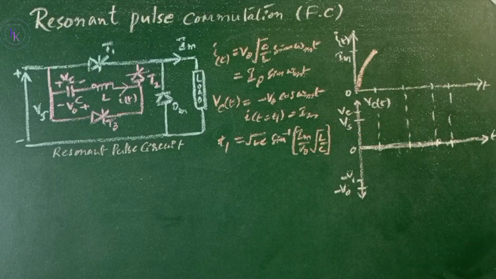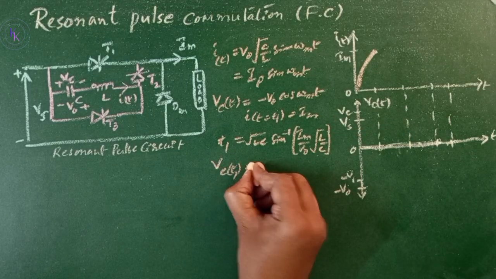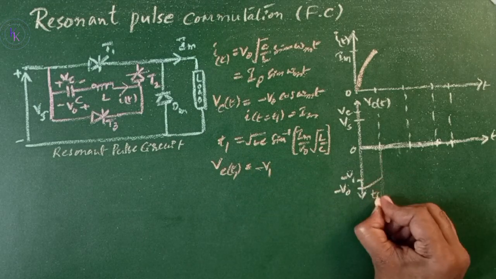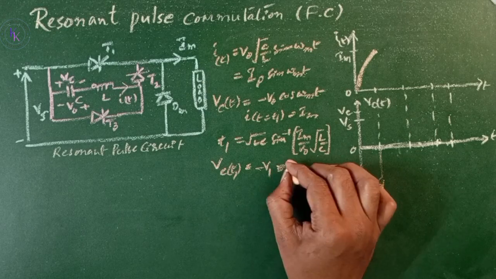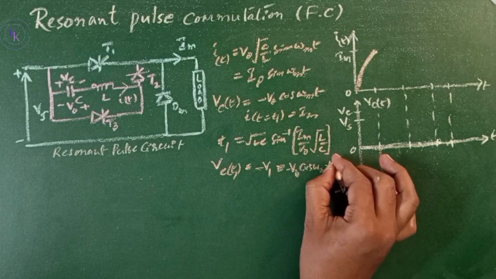The corresponding capacitor voltage is Vc at T1 = minus V1, which equals minus V0 cos ωm T1.